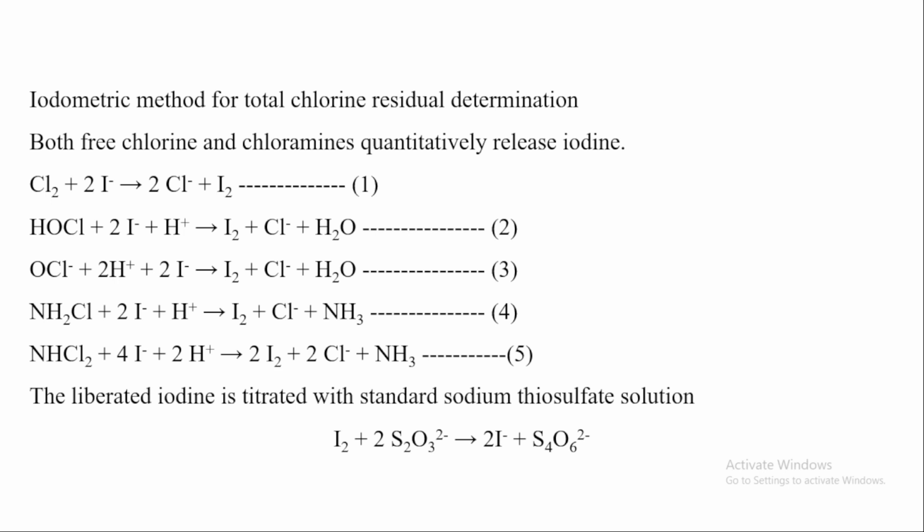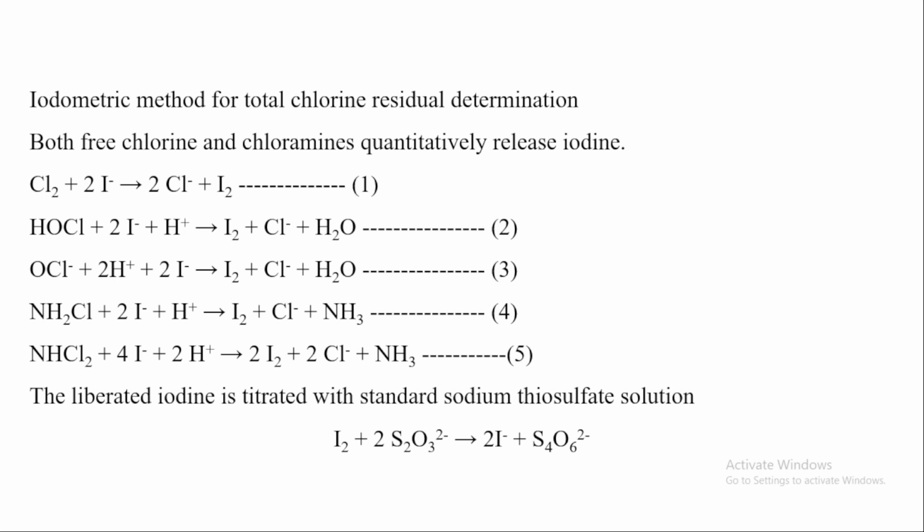So, when Cl2 reacts with iodide, it oxidizes the iodide into iodine. Similarly, in the second reaction, HOCl, when it reacts with the iodide ion, again oxidizes it into iodine, and Cl minus plus H2O is released.